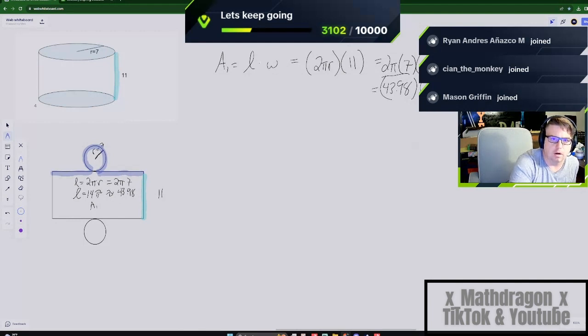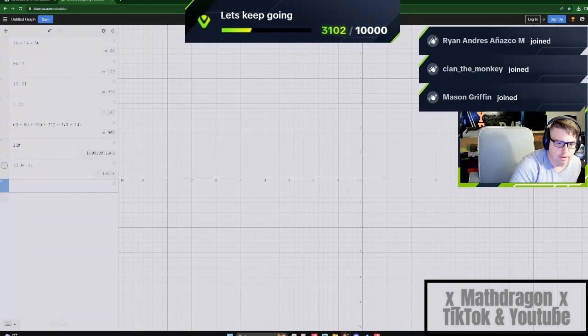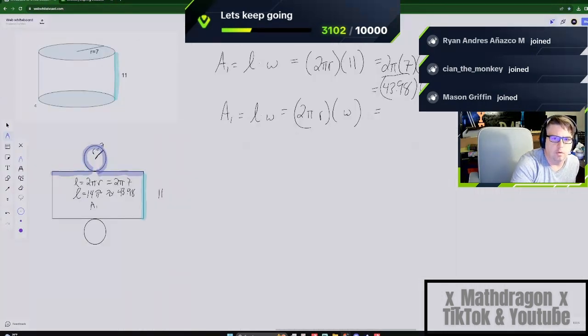That's going to give us our overall area for number 1. So 43.98 times 11 is 483.78. Okay, so that's our area for the outside rectangle.